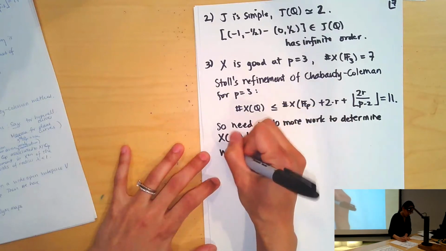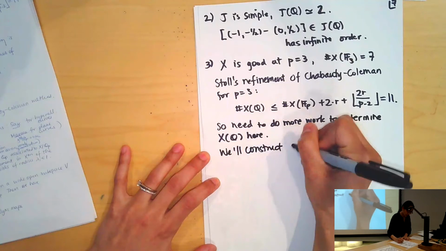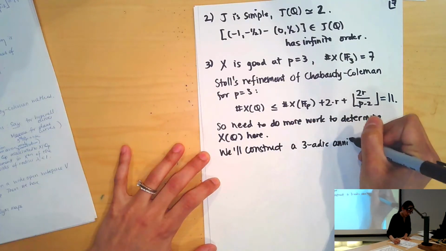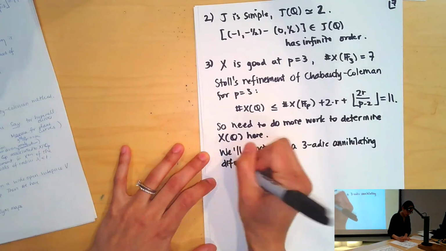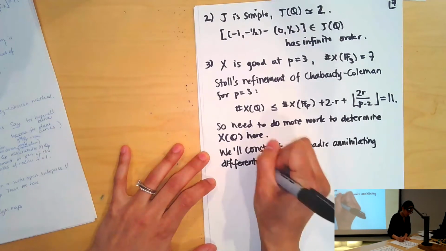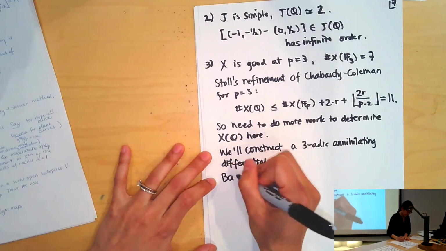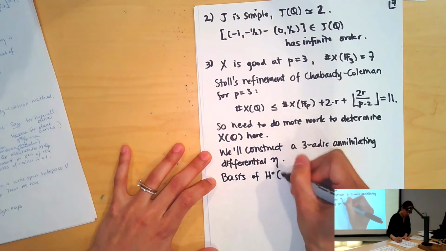What we'll do is construct a 3-adic annihilating differential, and well, a basis of the space of regular 1-forms, since this is a genus 2 curve.